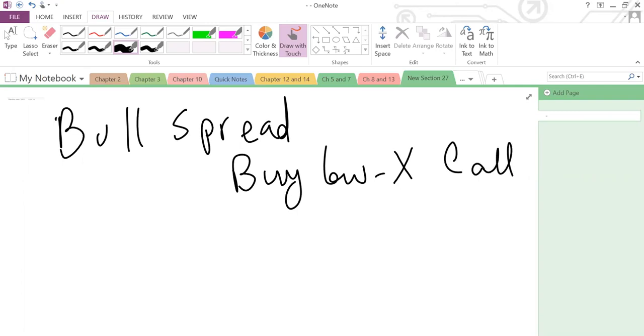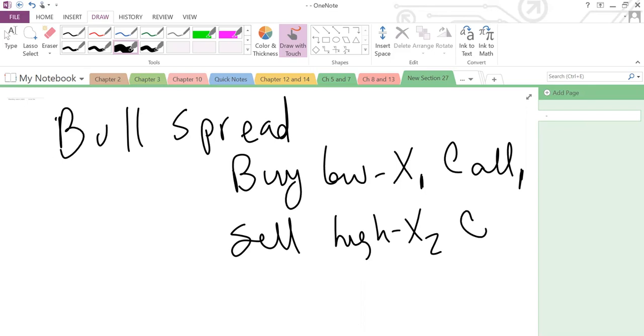So just for notation, we're going to call this strike X1, and we're going to call this call 1. And then you're going to sell or write, if we want to say it more appropriately, a high strike call, and we're going to call this call 2, right?